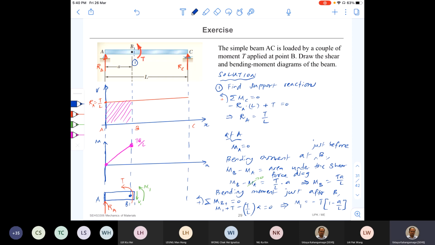So we found the bending moment just after B. Let's mark that just after B, somewhere here. I don't have space to write it, so I'll write somewhere here: negative T (1 minus A over L). That is the bending moment at this point.